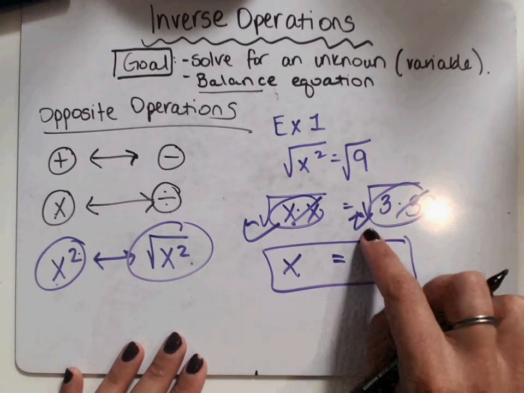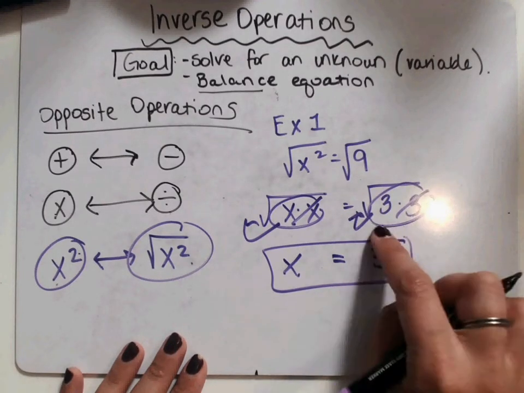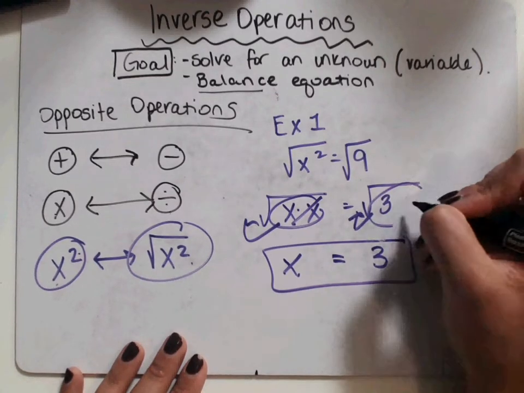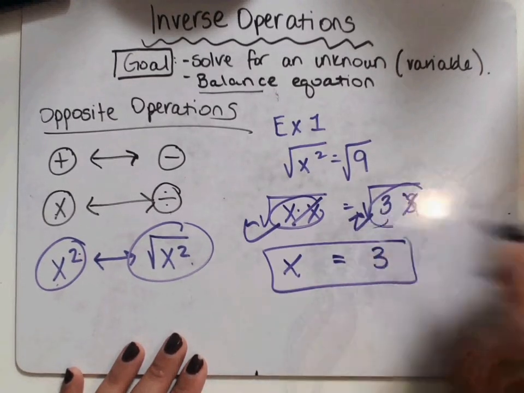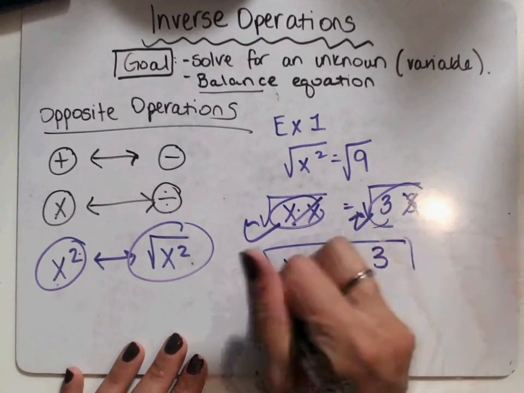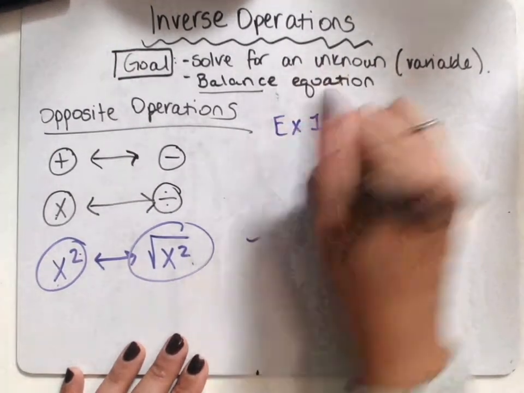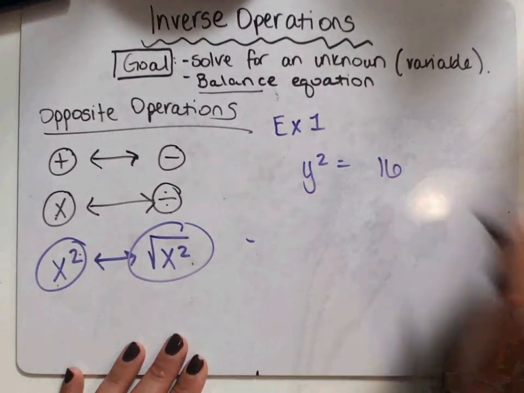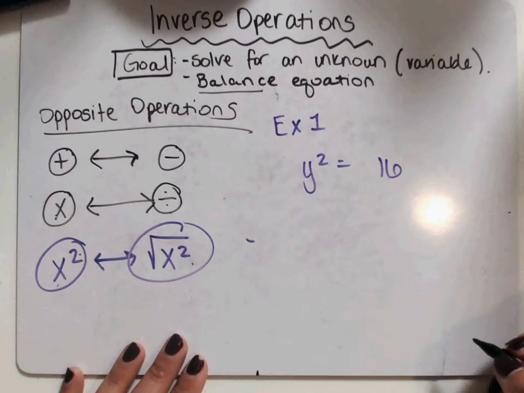Again, when you take a square root and you have a double, you can think of, I always say, one dies and one escapes. But really you're just pulling one out of the group. Let's try another example. If we had, let's say, y squared equals 16. Well, I want to solve for y, a single y.